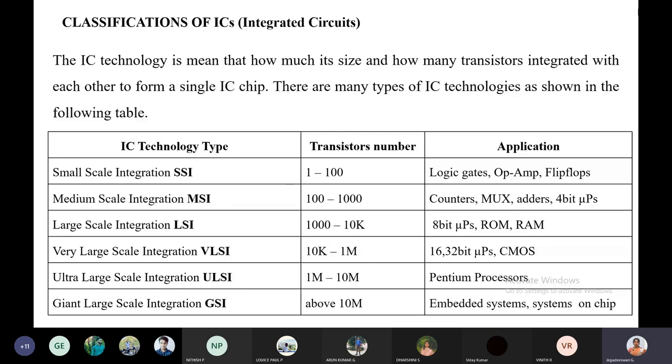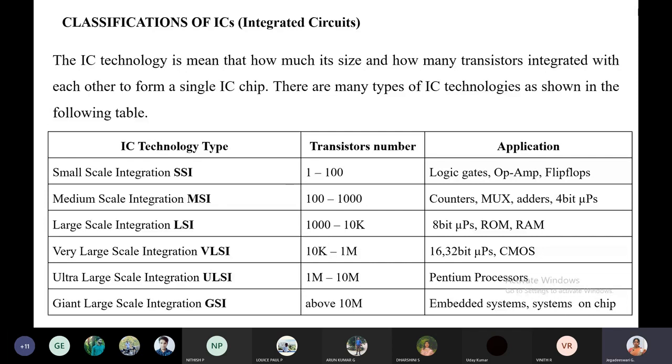Even that is not enough. Again they moved into very large scale integration, VLSI, that is 10,000 to 1 million components in a single chip. Just imagine, 1 million components. That is also not enough.